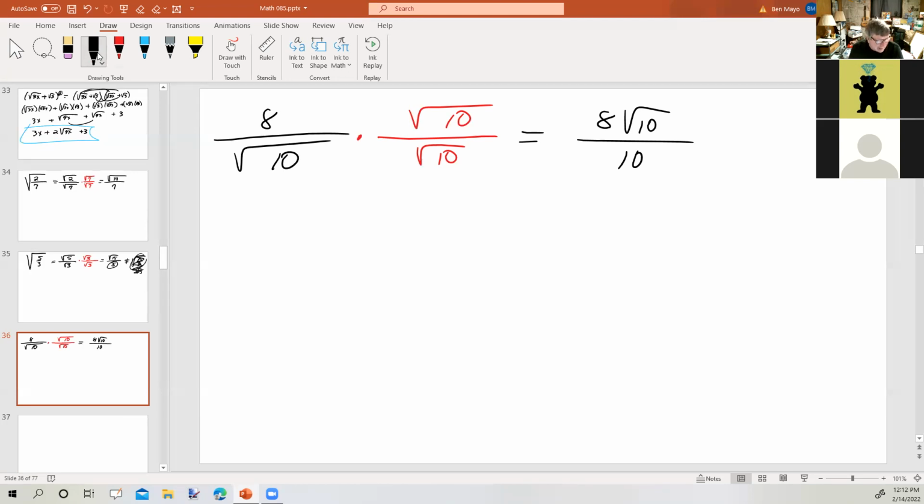Now, I can't reduce the square root of 10 on top with the 10 on the bottom, but I can reduce the 8 outside and the 10 outside because neither of those are inside of a radical. 8 over 10 reduces to 4 over 5. So I get 4 square roots of 10 over 5 as the final answer.